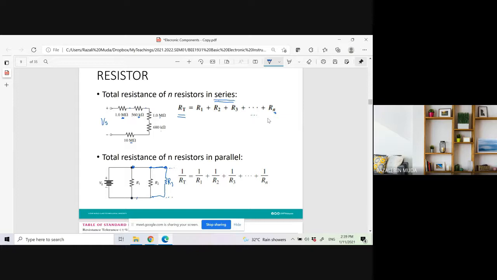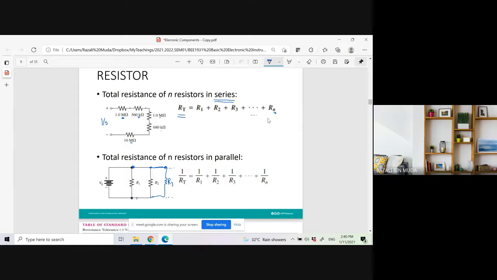R total invert equals R1 invert plus R2 invert plus R3 invert and so on.